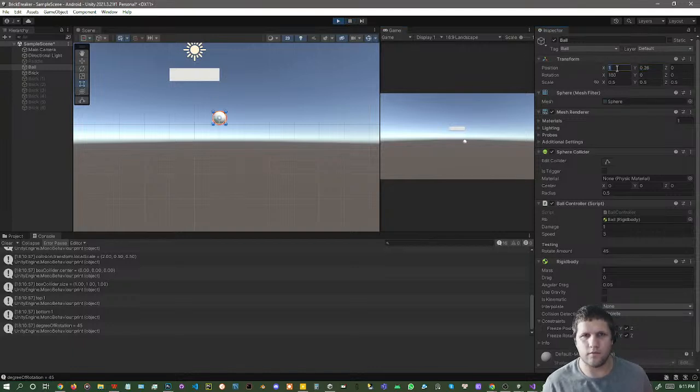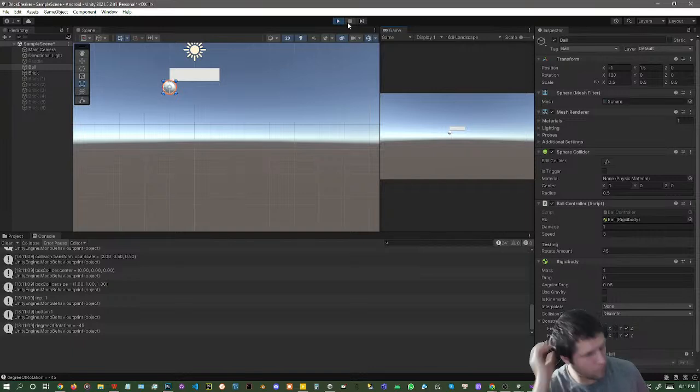Now, -1, -45. So, do I want to flip the values then? Because I do want it to be positive on the other side and negative on this side, right?